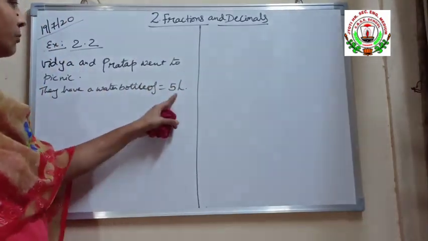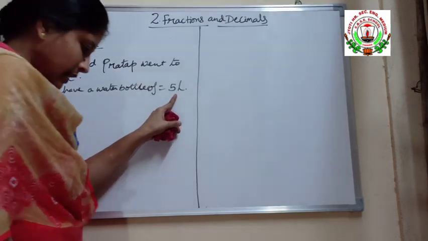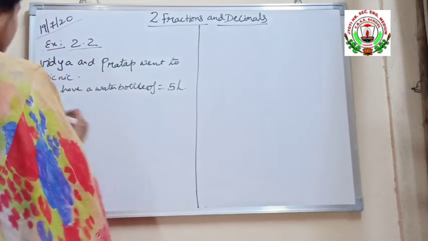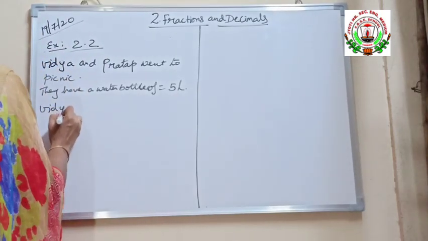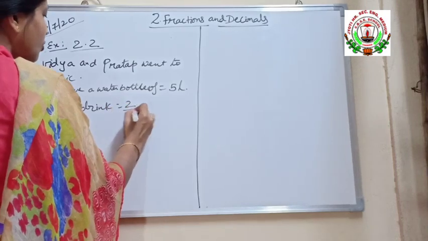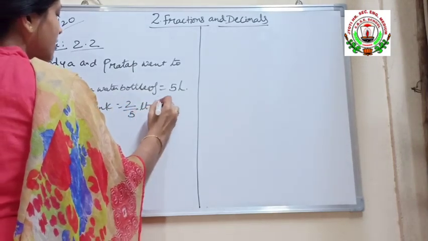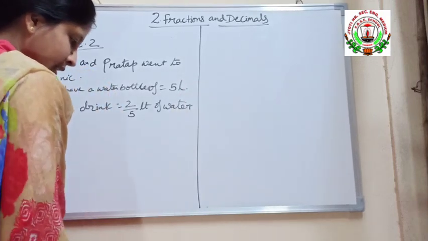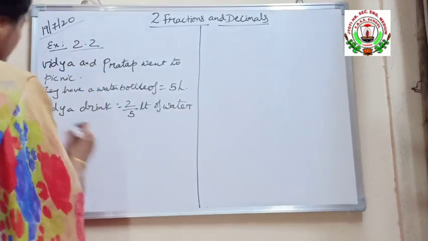They are having a water bottle of 5 liters. Next, Vidya drank 2 by 5 liters of water. Next, Pratap drank the remaining water.